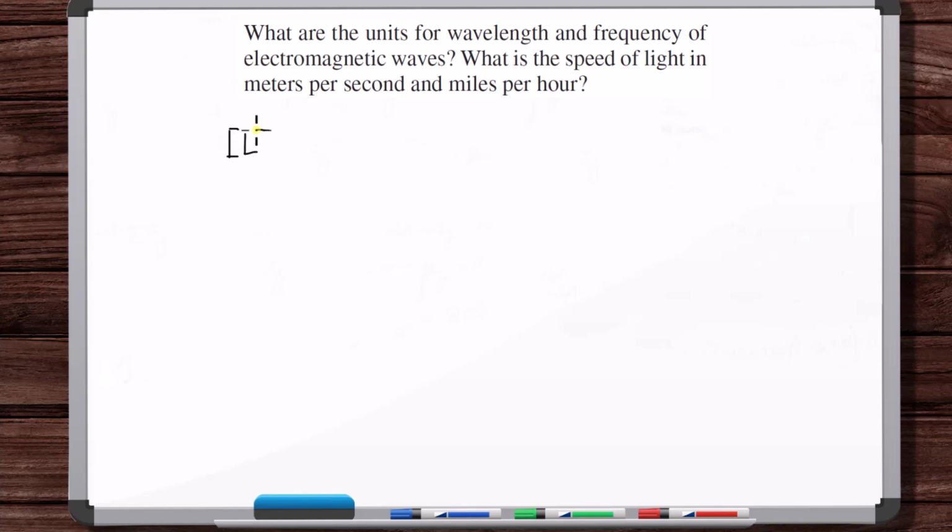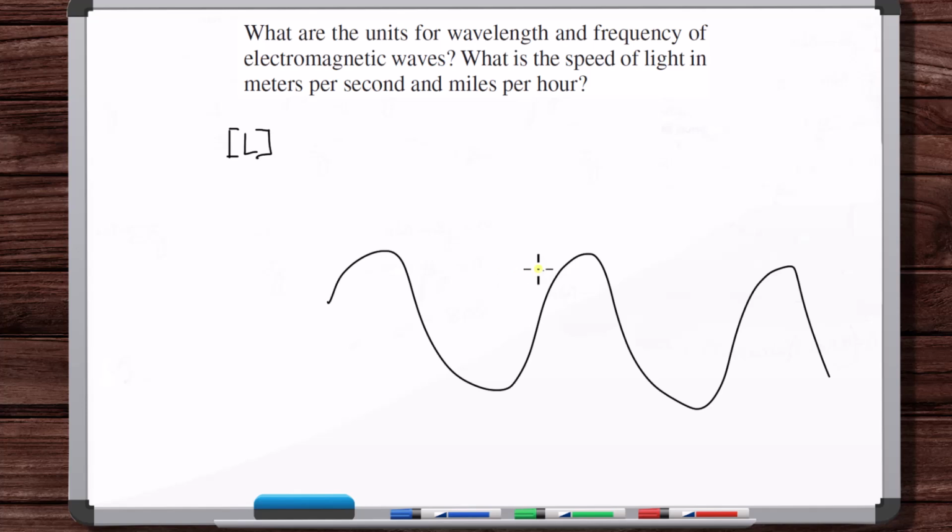So you could have a wavelength be in meters, in feet, whatever. It's the length that the wave repeats. A wave is periodic. So this wave starts over at this, and this would be the wavelength. It's a distance. Okay, what about frequency?